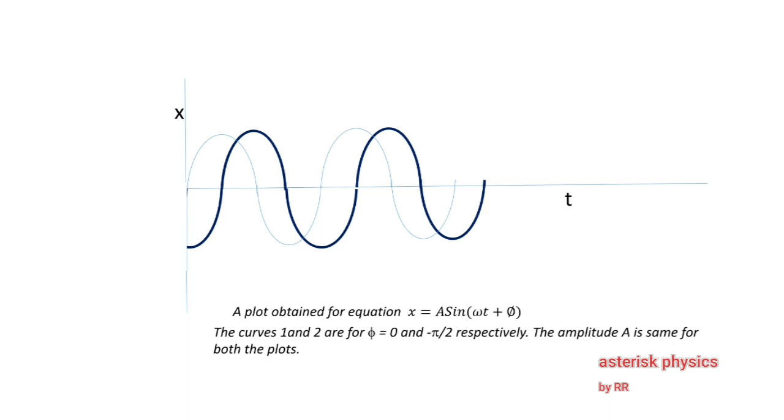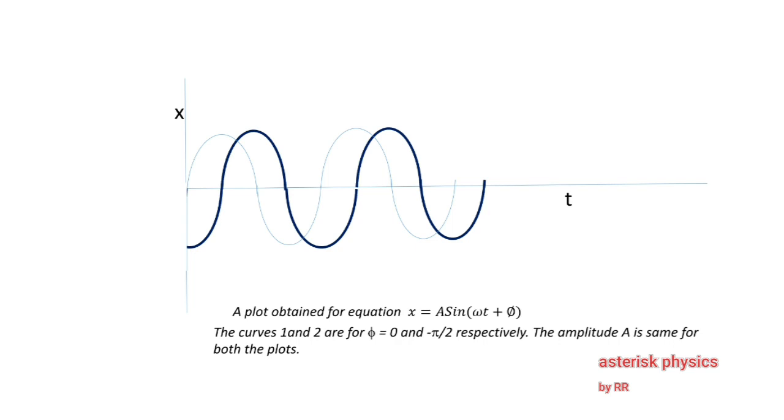That means the initial phase is 0. Whereas for the second wave, you can see that the initial phase is minus pi by 2. So these two variations will have a phase difference of minus pi by 2.